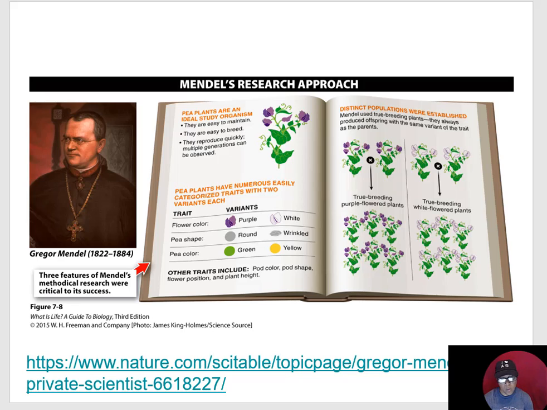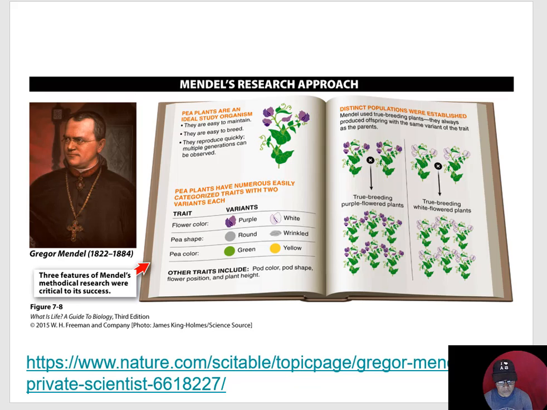So let's talk about why peas ended up being the perfect model organism. So number one, they're easy to maintain. They're very easy to breed. They reproduce very quickly, creating multiple generations to observe. They have variants in traits such as flower color.